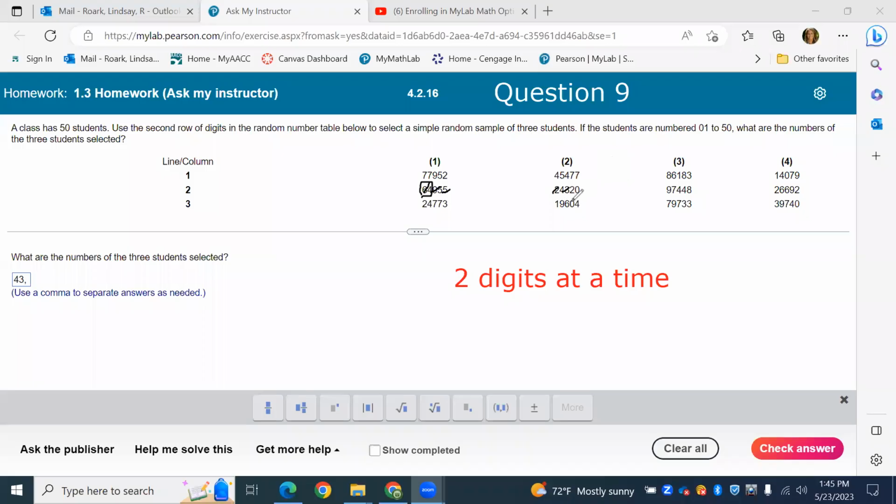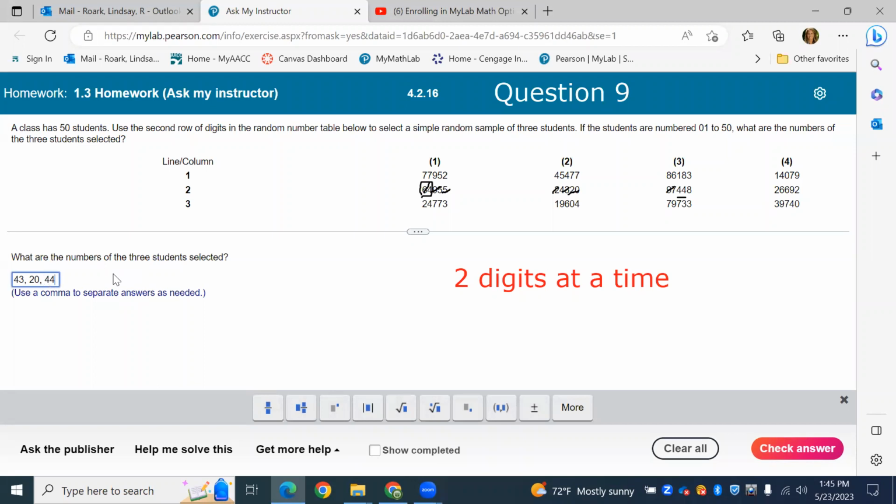Next 2 numbers after 43 were 2 and 0. So that's exciting. We have another set of 2 digits, 20. So I'm going to use 43, comma 20. And now we just need one more number because they want us to find 3. The next 2 digits are 97. I cannot use that. My next 2 digits are 44, which I can use because that's between 1 and 50.